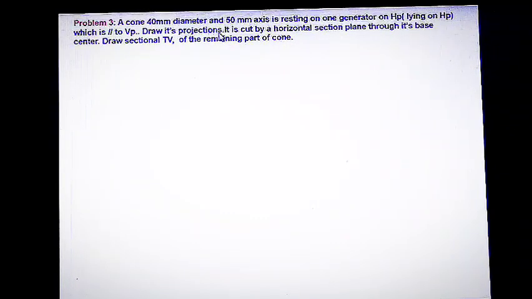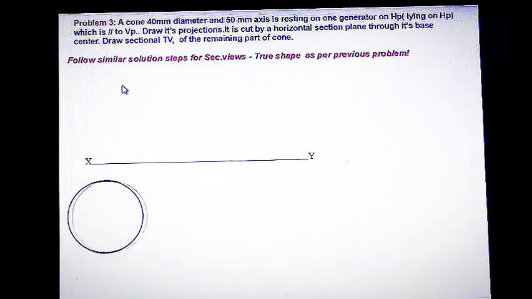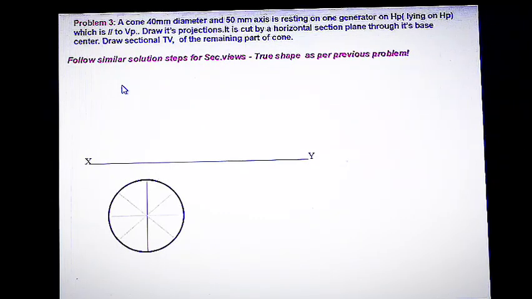Draw its projections. It is cut by a horizontal section plane through its base center. Draw sectional top view of the remaining part of cone. See, now again the solid is a cone, 40 millimeter diameter and 50 millimeter axis.